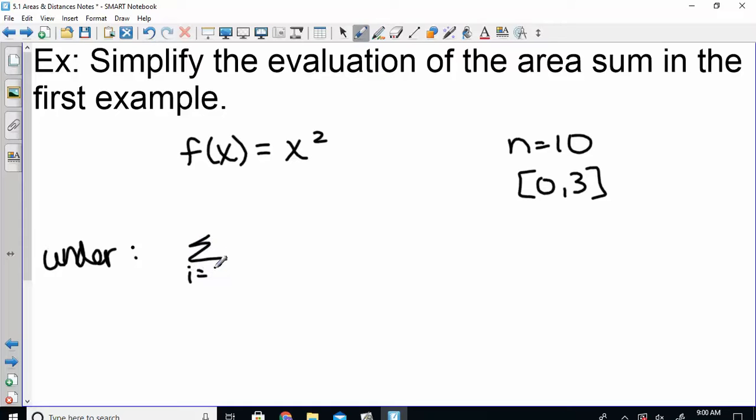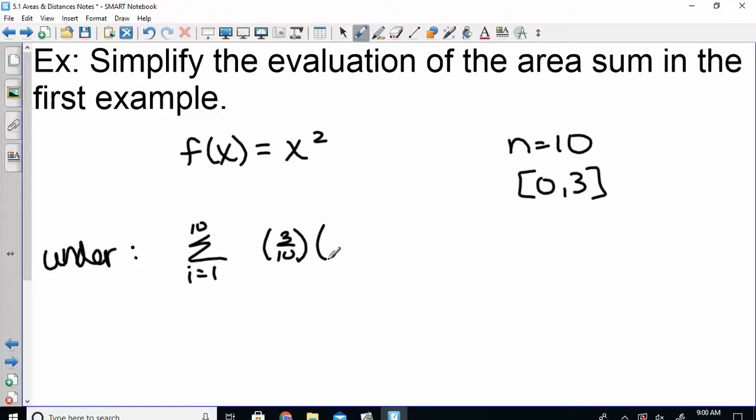We had 10 rectangles, so we'll have to add up from 1 to what? Okay. So if we go from 1 to 10, we have the length times the width. They all have a width of 3/10.